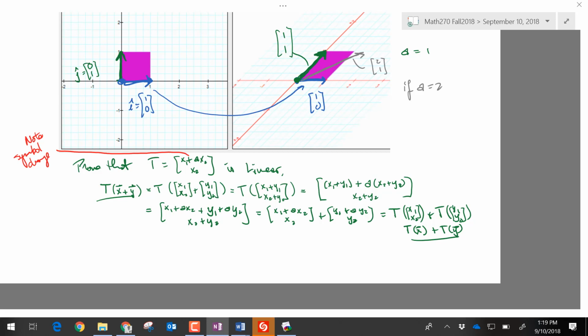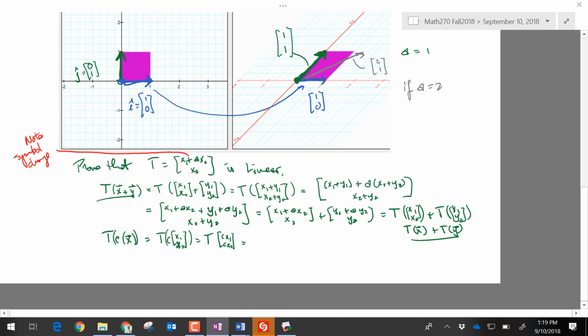And then we'll do the same thing for a constant times x. It's just factoring out that constant. We'll see this is T of c times x1, x2, which is T of cx1, cx2, because that's a scalar multiplication.